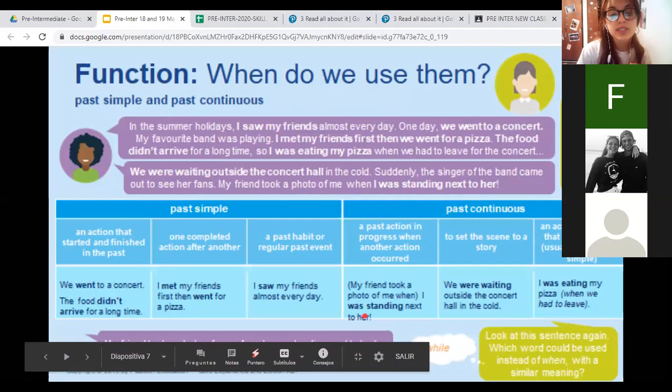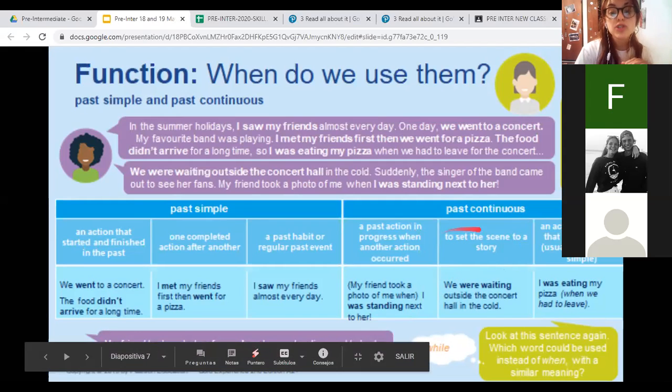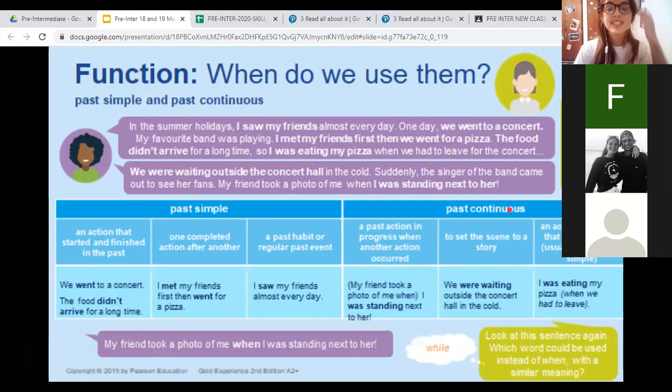So I was standing next to her, right? That is an action that took a long time. And then my friend took a photo. The action of taking a photo is short, and the action of standing takes longer. It is in progress.